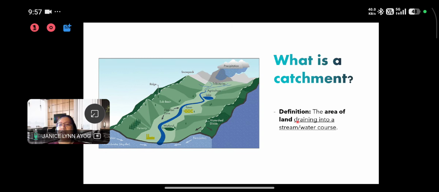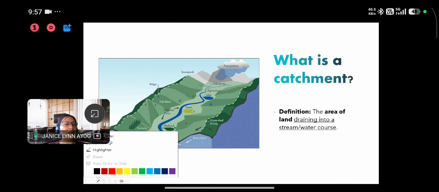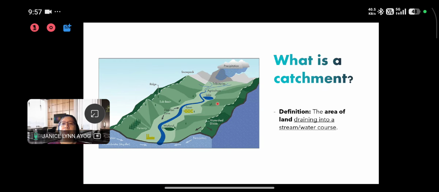A catchment is the area of land draining into a stream or watercourse. This is the area, the one that is light colored or more transparent compared to the rest. This is the area we're talking about.